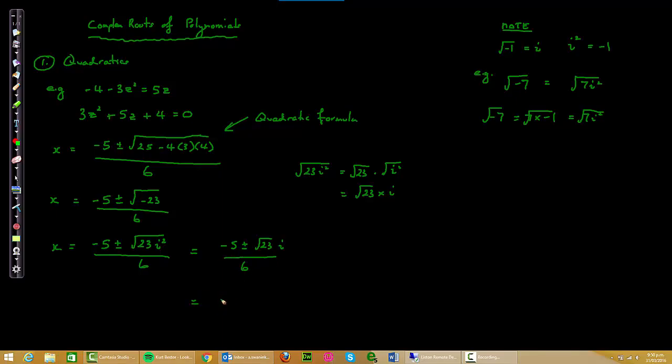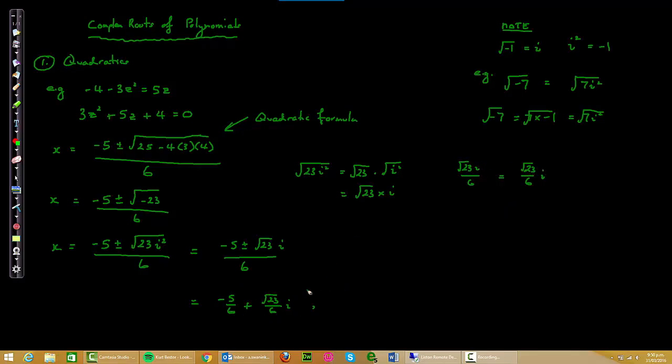Now it is quite common to write the solutions like this as two separate solutions, and we're putting the negative 5 over 6 and the root 23 over 6 times i. So that there is equivalent to that. So what we're saying here again, if I just put that to one side, root 23i over 6 is equivalent to or the same as root 23 over 6 times i.